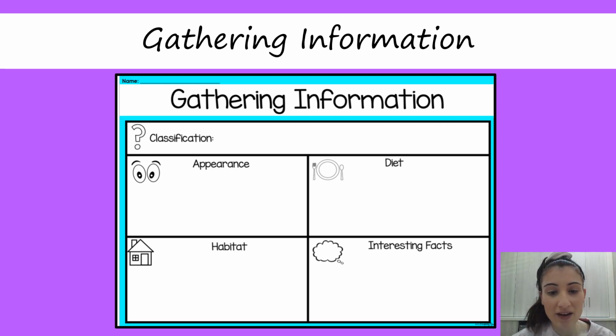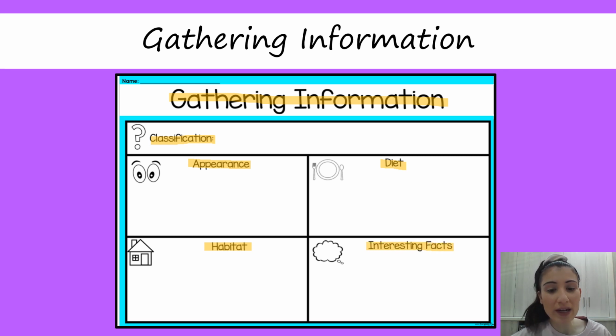So you will have the heading at the top, gathering information, and then you will have a heading down here saying classification. And then underneath you've got the 4 boxes with the 4 sections that we need to fill in. So first we've got appearance, then we've got diet, then we've got habitat, and lastly we've got interesting facts.